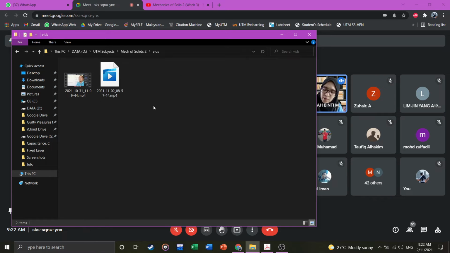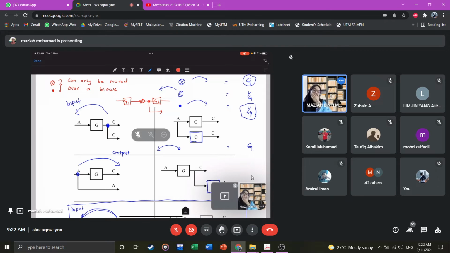Then we have a pick off point here. So we said that now we're going to combine G1 and G2. However, due to the summation point here and also the pick off point here, we cannot combine G1 and G2.